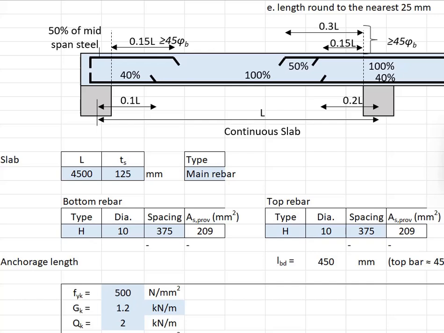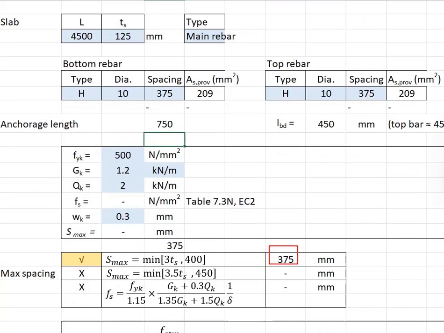But you will need to check whether the maximum bar spacing and the minimum bar area allow it. If you double the spacing here, it will become 750 mm. Your maximum bar spacing is only 375. And if you double the spacing, the provided bar area will be reduced by half, to 104.5.